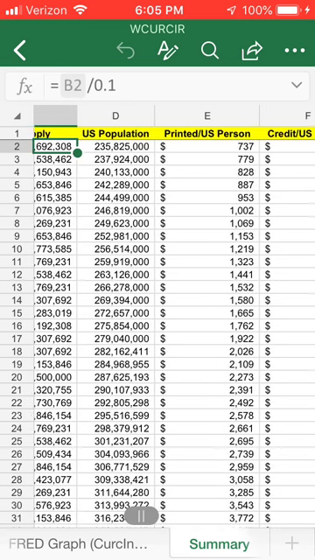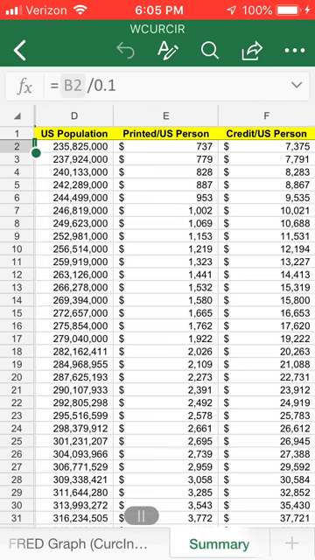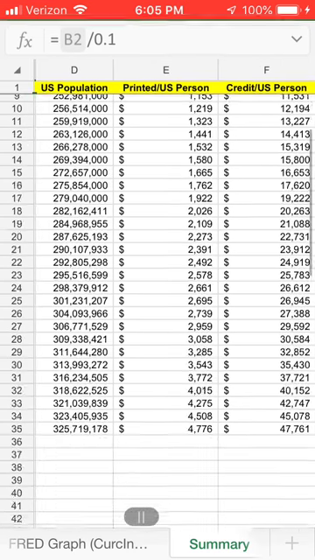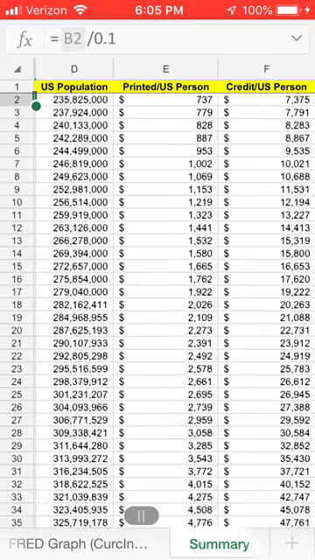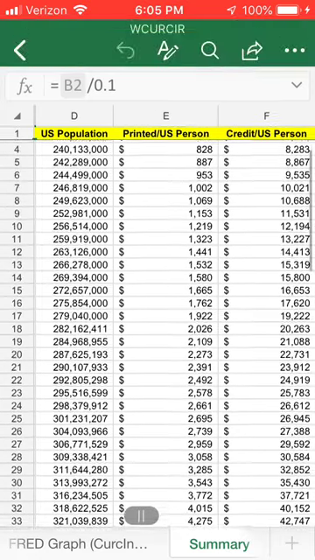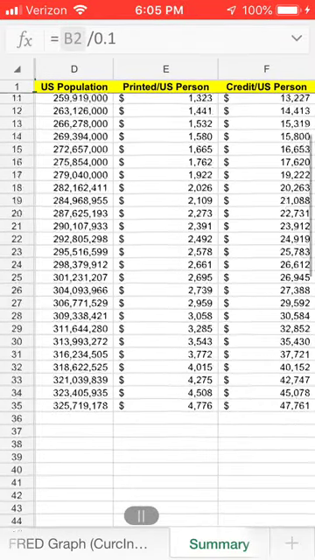Again, I got that from the St. Louis Fed. And then I just did printed money per U.S. person and then credit per U.S. person. So first off, you can see the population went from 235 million to 325 million. But the printed money per U.S. person went from $734 in 1984 to almost 5,000.